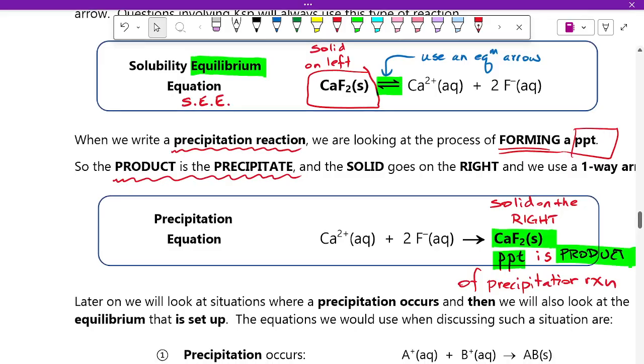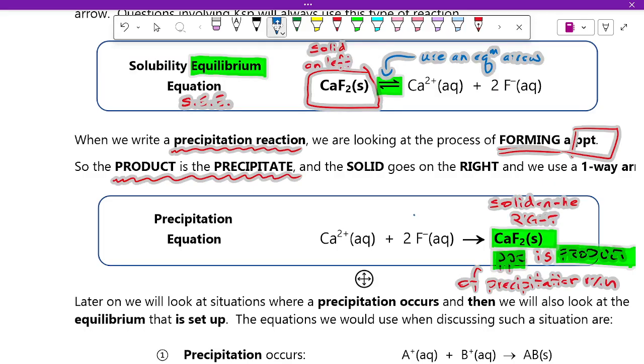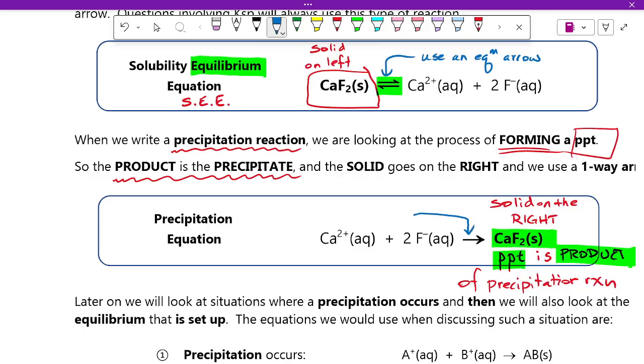And what kind of arrow have you been using? One-way arrow. And that's because when we're doing a precipitation, we don't care about it dissociating after it precipitates.